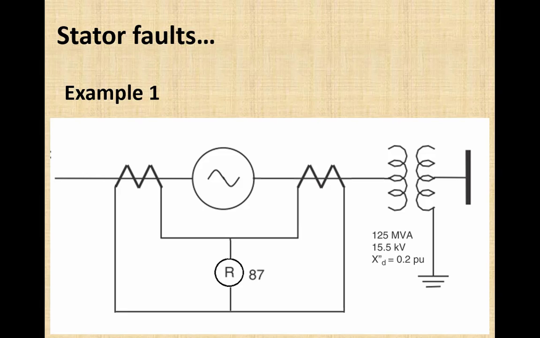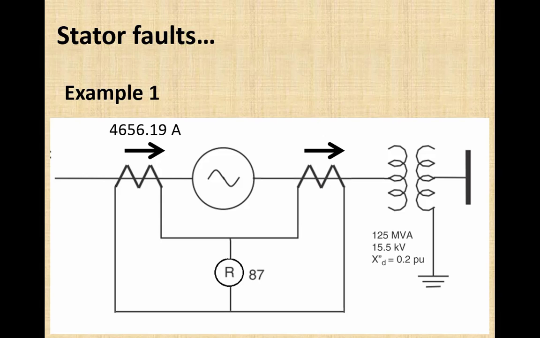Based upon these ratings, if we assume that it is a 3-phase generator, then the rated current that will flow through both of the primaries of these CTs will be 4656.19 ampere. This is the normal rated current supplied by this generator to the grid.